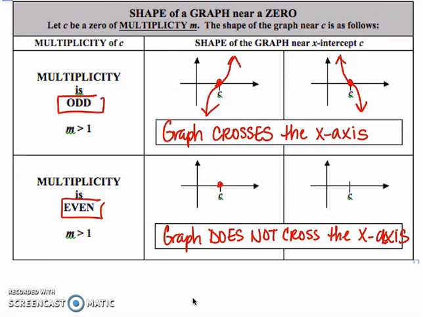So again, here's our point C. And so the graph may be approaching C, but it's not going to cross at C. So it's going to do something like that, or it's going to do something like that. I like to call this bounces. I say it bounces at the value. I don't think that's a technical term, but that's a Mrs. Steele term. The graph bounces at that 0.